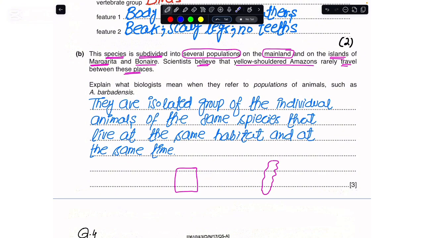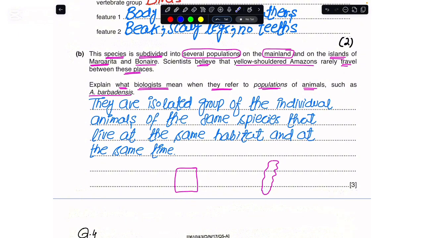This is what they are asking: explain what biologists mean when they refer to populations of animals such as A. barbadensis. So you see that here we would have isolated groups of individual parrots or animals, and they would be of the same species. And they are living in the same habitat, and they are living at the same time.